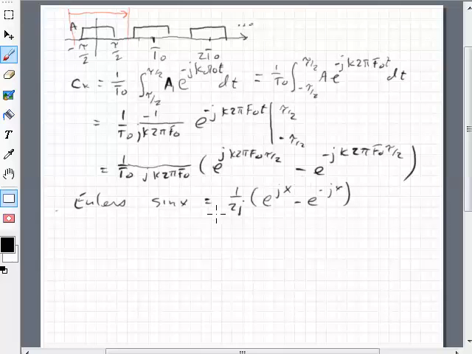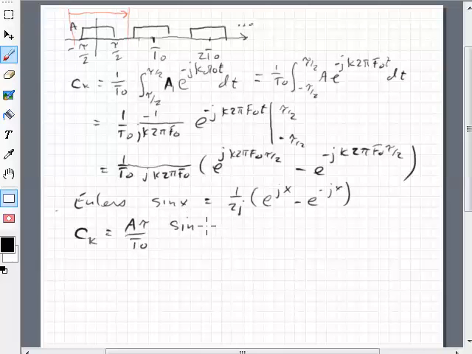So letting x be that whole thing, and recognizing that there's going to be a 2j here, and it's going to cancel out a 2j there, let's just write the final result. I'll let you do the algebra if you don't believe it. We get a tau over t0. I'm writing it in a special way.